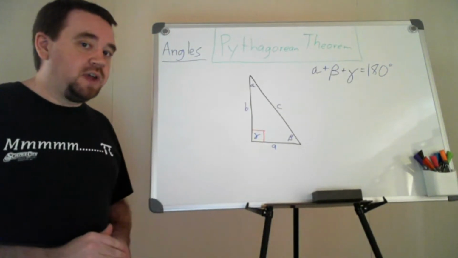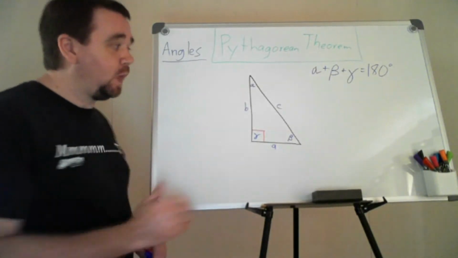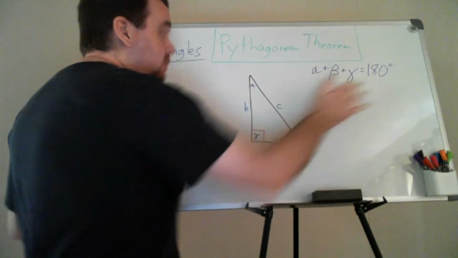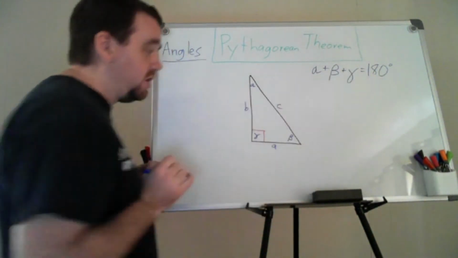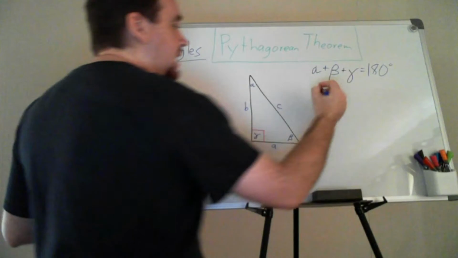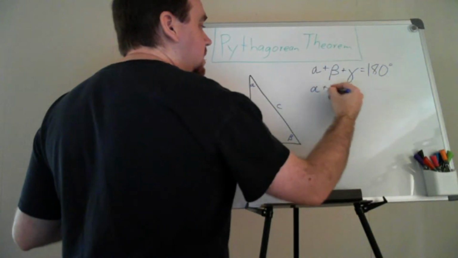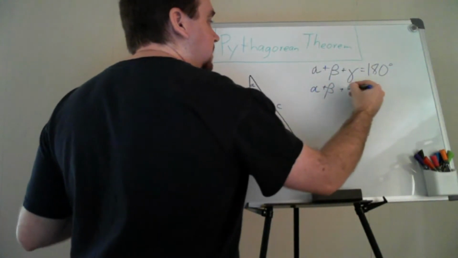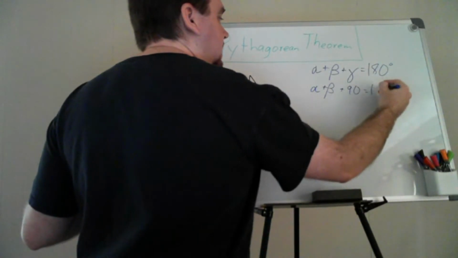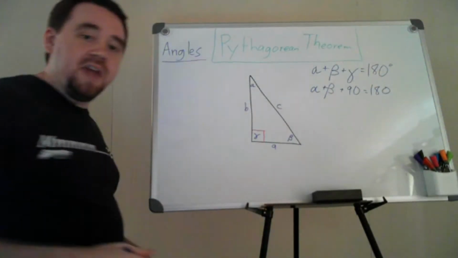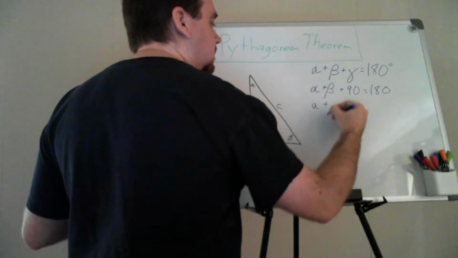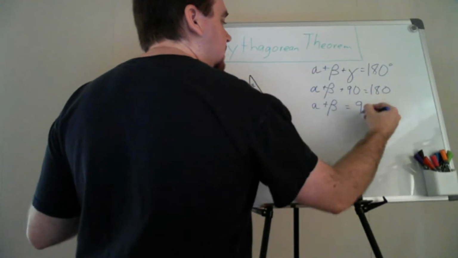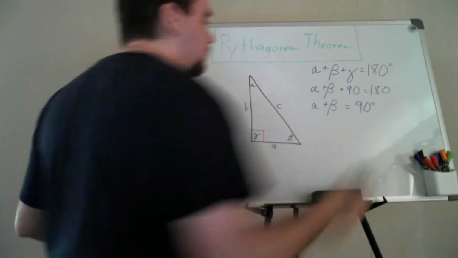Why does the 90-degree angle have to be opposite the longest side? Well, let's plug that into this equation right here. I have alpha plus beta plus gamma equals 180. We know gamma is 90, so now this gives me alpha plus beta plus 90 equals 180. And then I subtract 90 from both sides. Alpha plus beta equals 90 degrees.